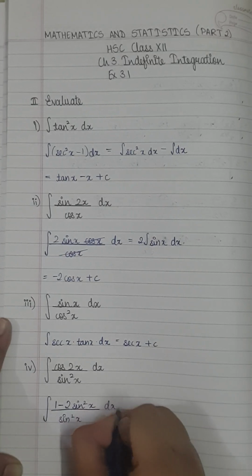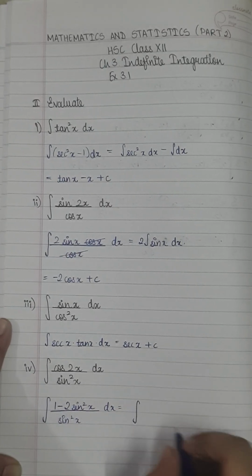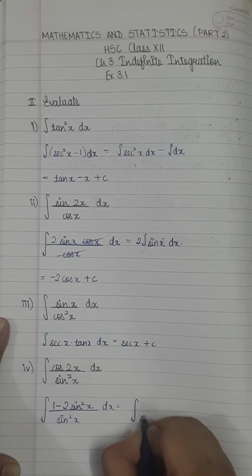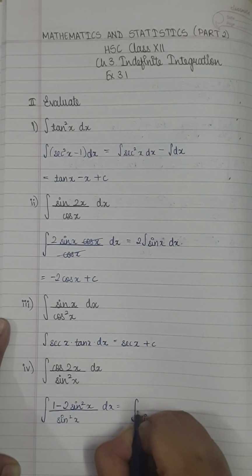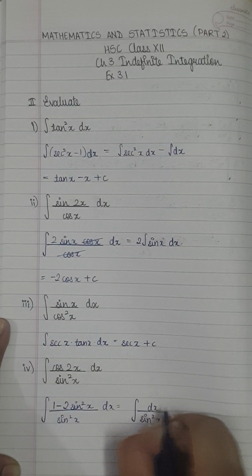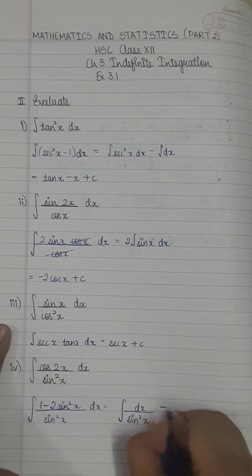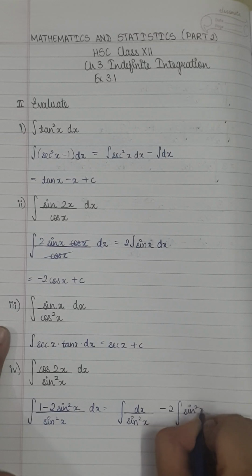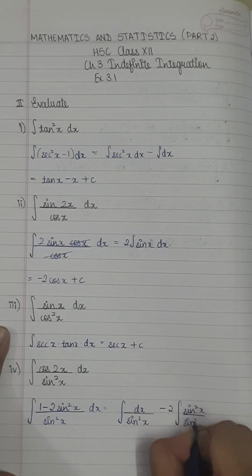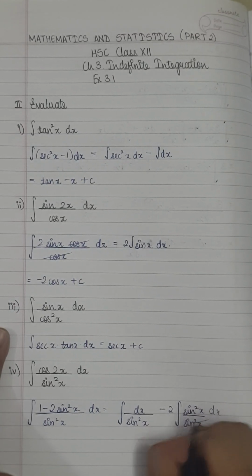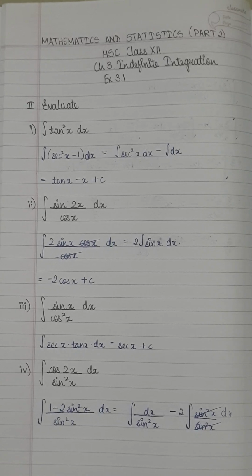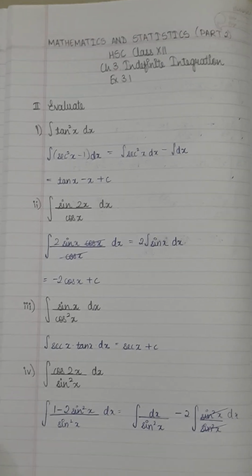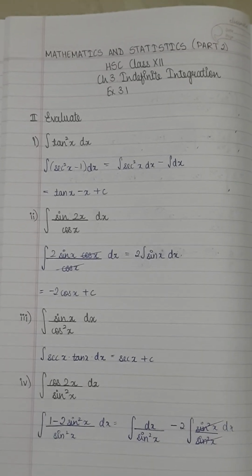dx. Breaking it down, you have 1 upon sin square x dx, or dx upon sin square x, minus 2 sin square x upon sin square x dx. Sin square cancels off, so that's just dx. So let's simplify that and write.